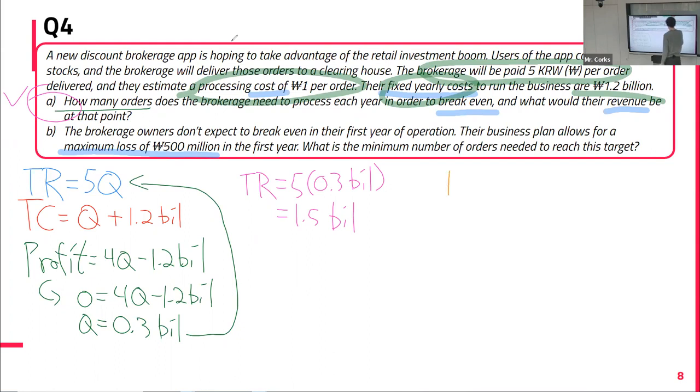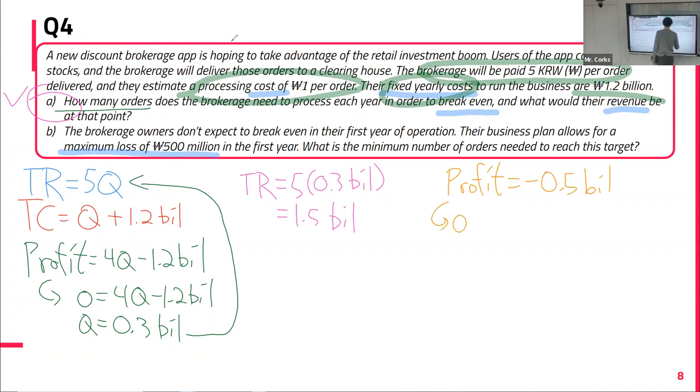So in this case, we are trying to find the Q value that makes our profits negative, and we'll write it as billion just for convenience, negative 0.5 billion. So instead of 0 is equal to 4q minus 1.2, it's negative 0.5.